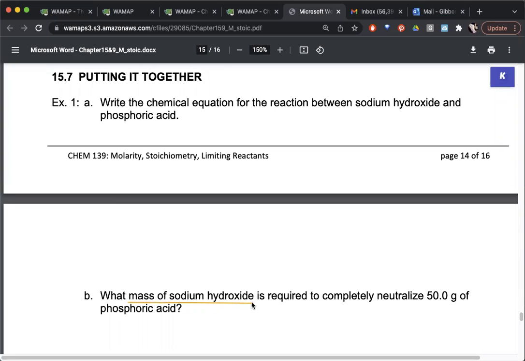Looking for the mass of sodium hydroxide required to neutralize a certain amount of phosphoric acid. So that would be a chapter 8 problem. Okay.